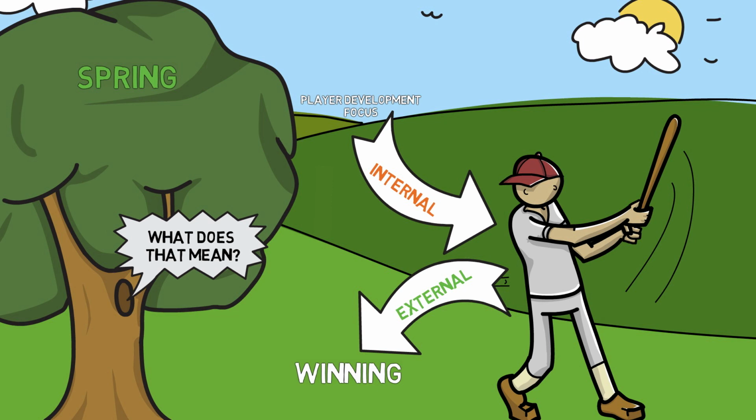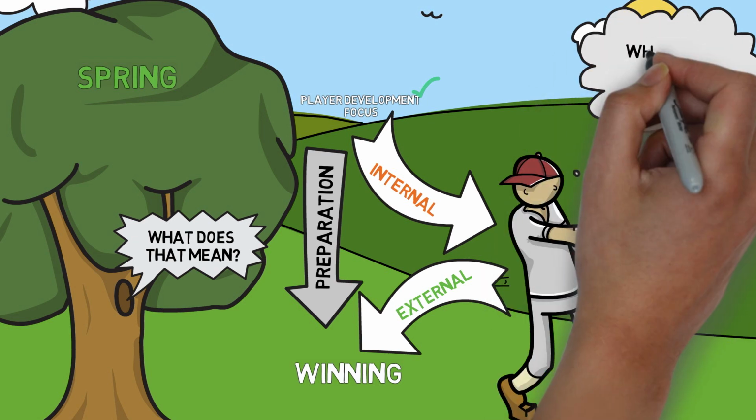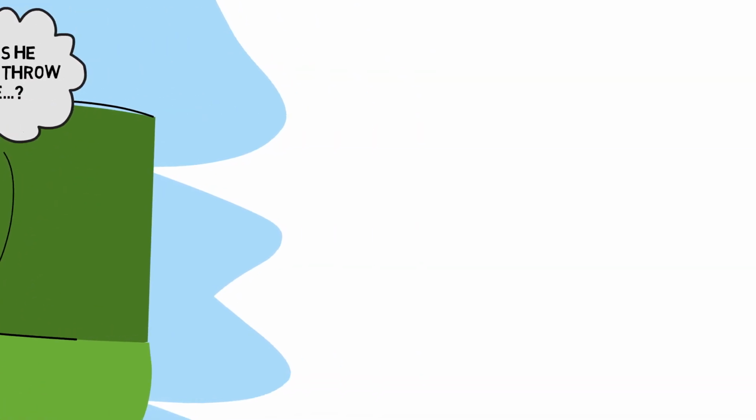At this point, we've checked all our boxes in player development work, and we're going to find a way to help translate that into wins by properly preparing for each opponent. This helps, as data always does, eliminate the guesswork from our guys when they step into the box or up onto the mound.